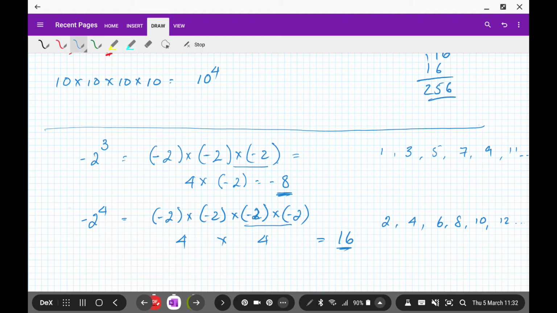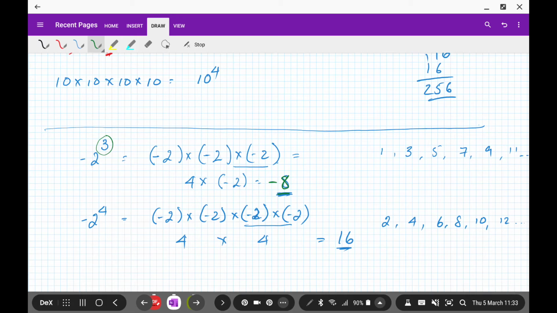So we can actually see the pattern. The pattern that both of you need to understand is, if the exponent is an odd number and the base is a negative number, the answer will always be negative. So whatever it is, it will be negative. Just remember that.